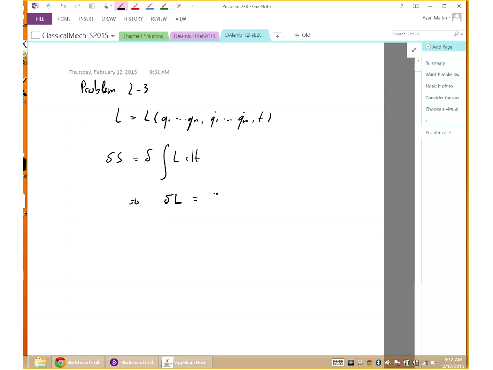And so the delta L term is the sum of partial L by partial Qi delta Qi plus partial L by partial Qi dot delta Qi dot plus partial L by partial, no, there's no dt term.